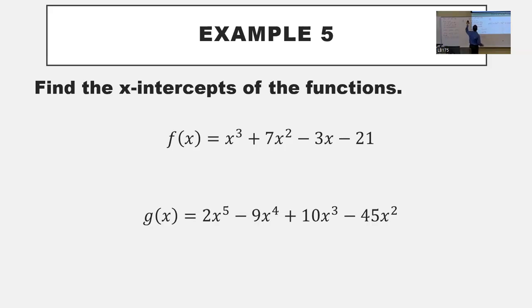So that's one option for factoring. We're going to look at another option for factoring as well with these two examples.